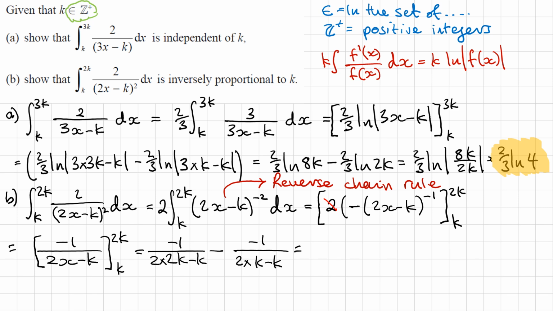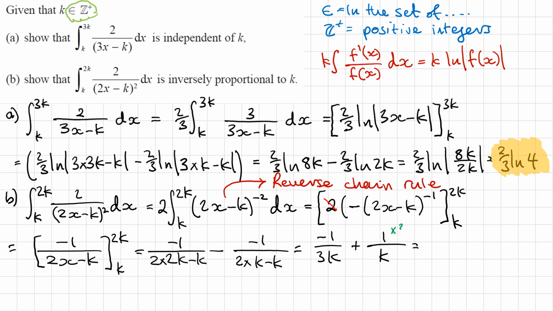Right, so over here we're going to have 4k minus k, which is 3k. So I'll have -1 over 3k, then minus -1, so it's going to become plus 1 over, and then 2k minus k, which is k. So I want to put these together.